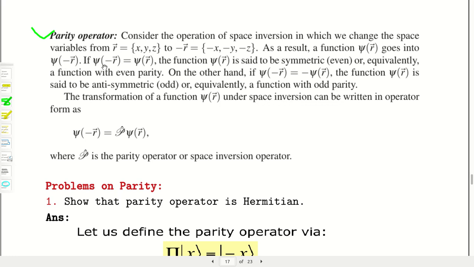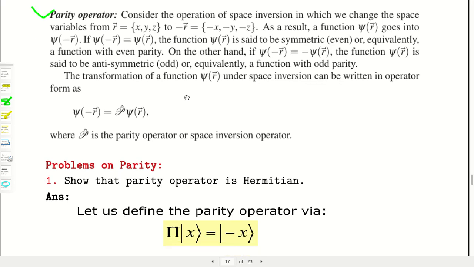If psi of minus r is equal to psi of r, then the function psi of r is called even. If psi of minus r is equal to minus psi of r, then the function is called odd or antisymmetric, in the odd parity state, and the previous case is the even parity state.